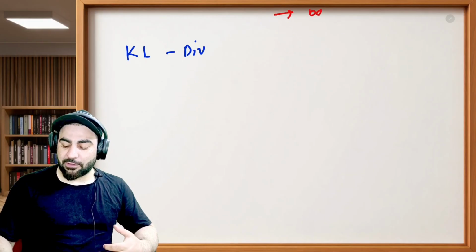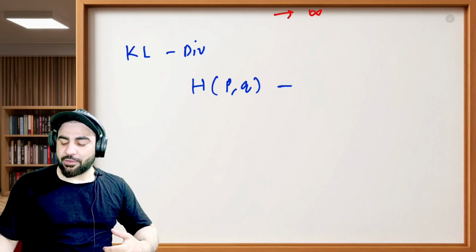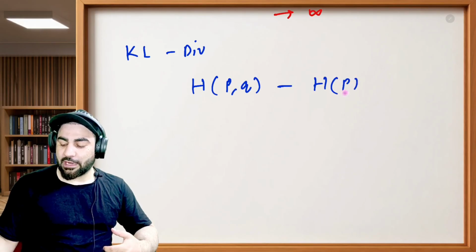So KL divergence will be effectively equal to the cross entropy, and you subtract the entropy from it.